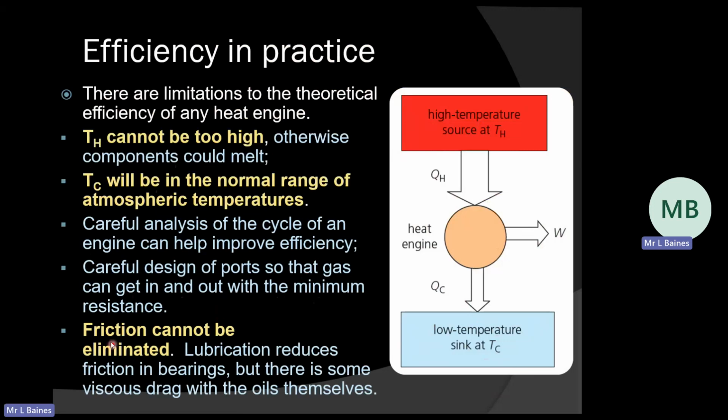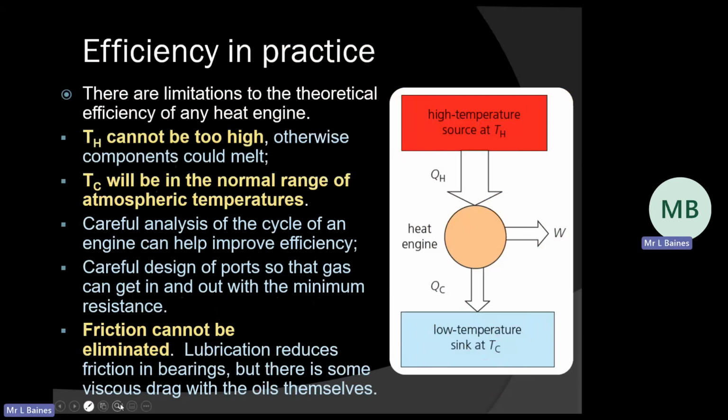The next one, friction can't be eliminated. We know that if there are moving surfaces against each other, there's always going to be some friction, but what we can do is lubricate those surfaces. So if we have bearings, if we have different materials moving against each other, one, we can efficiently design bearings, make sure they're suitable, and two, we can provide lubricant for that kind of process.